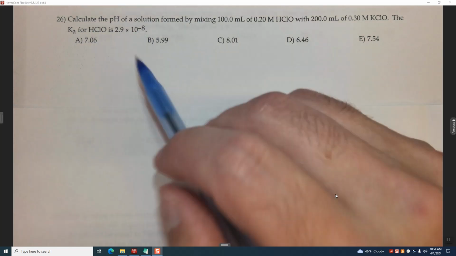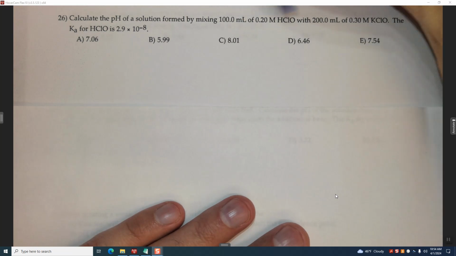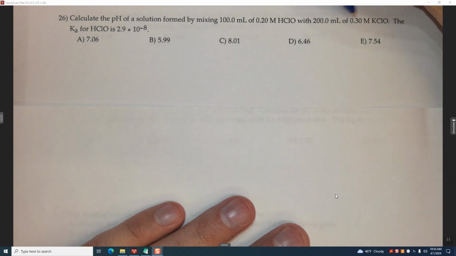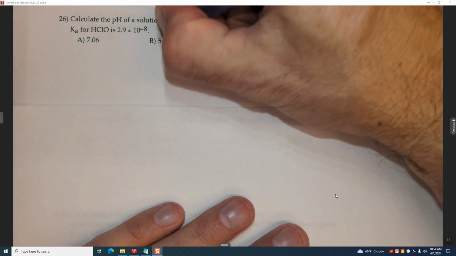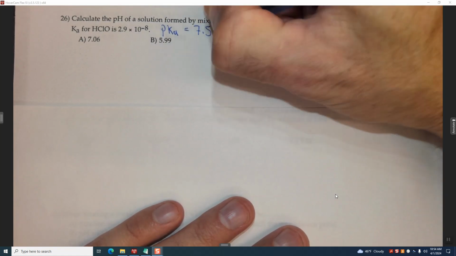All right, so the next few questions are pretty difficult. It says calculate the pH of a solution formed by mixing 100 milliliters of 0.2 molar HClO with 200 milliliters of 0.3 molar KClO. Okay, and then it gives us the Ka value for this, but we actually need the pKa, so we're going to take the negative log of that, and we're going to find that it's 7.54.